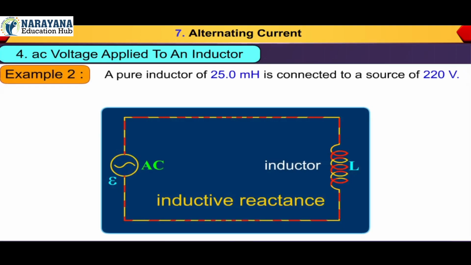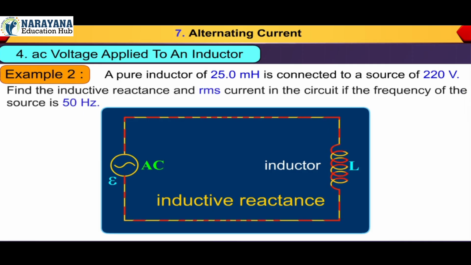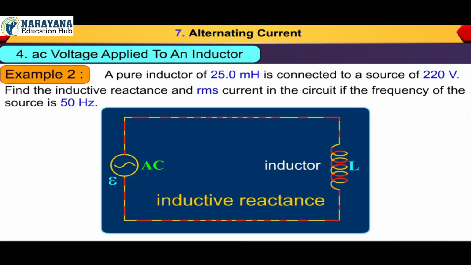Example 2. A pure inductor of 25.0 millihenry is connected to a source of 220 volt. Find the inductive reactance and root mean square current in the circuit if the frequency of the source is 50 Hz. Solution.